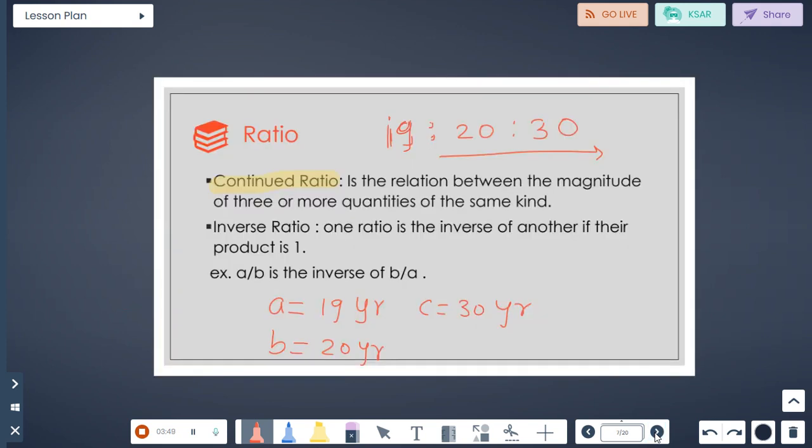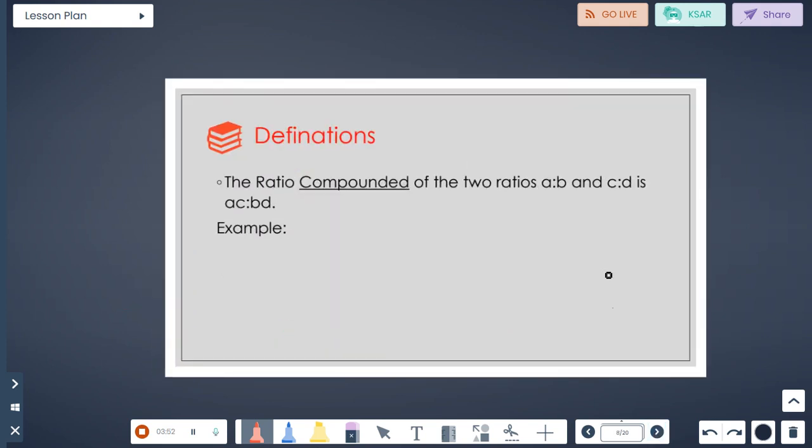Next, compounded ratio. Definition: the ratio compounded of two ratios A is to B and C is to D is AC is to BD. For example, suppose the first ratio is 1 is to 2 and the second one is 3 is to 5, and we have to find the compounded ratio.